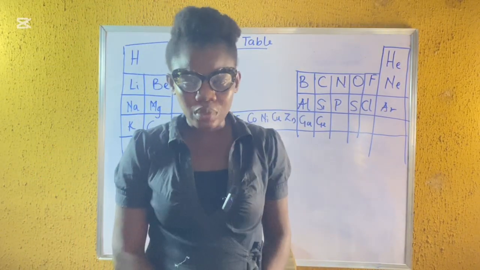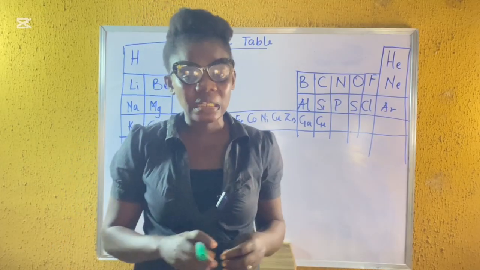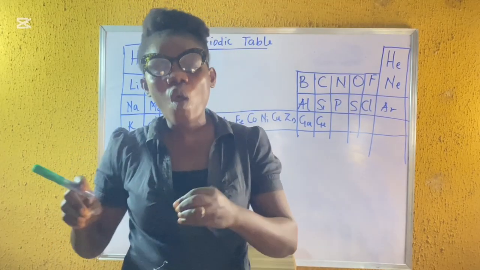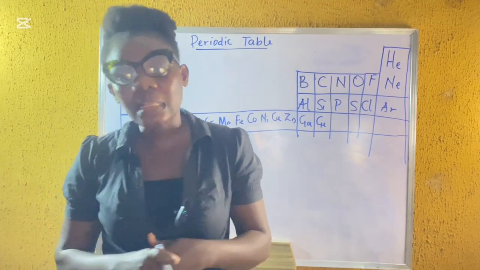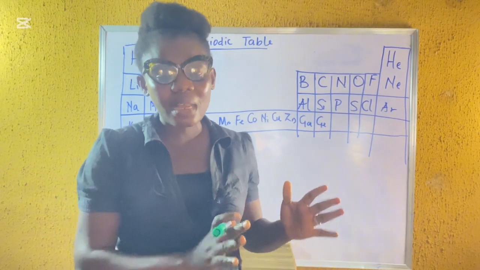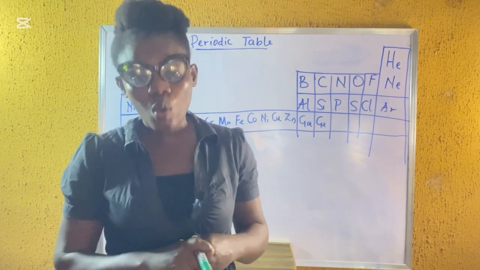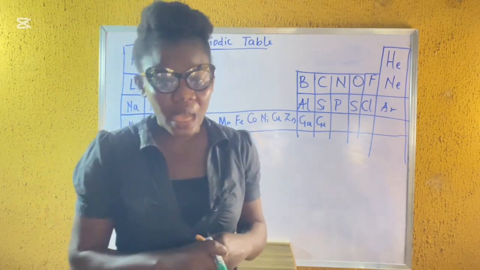What is the periodic table? A periodic table is a systematic arrangement of all known elements in order of increasing atomic number such that elements with the same or similar chemical properties are placed in a vertical column. I'm going to recap.